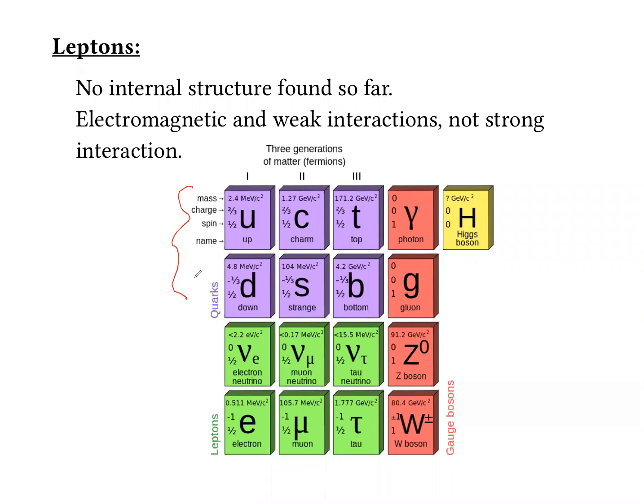We can combine these quarks, but there are some restrictions. We follow conservation laws. If we combine quarks, we can form different baryons and different mesons, but there are conservation laws that need to be followed.